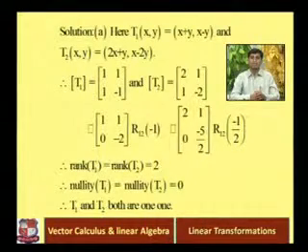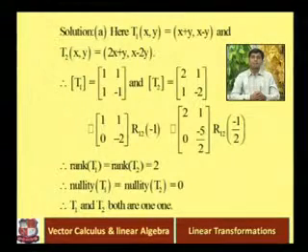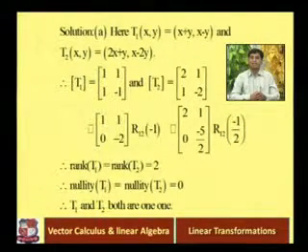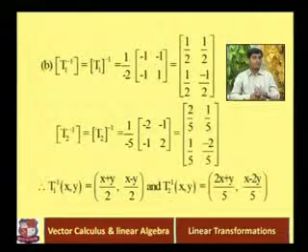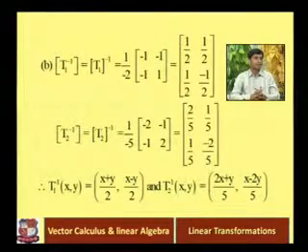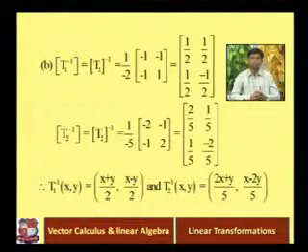Then divide by the determinant, which is -5, since 2 times -2 is -4, minus 1, gives -5. So the standard matrix for T2 inverse is [2/5 1/5; 1/5 -2/5].